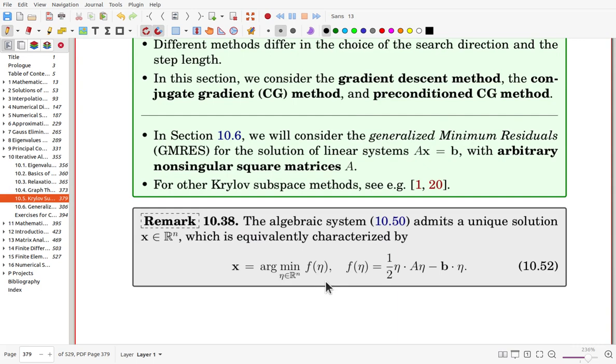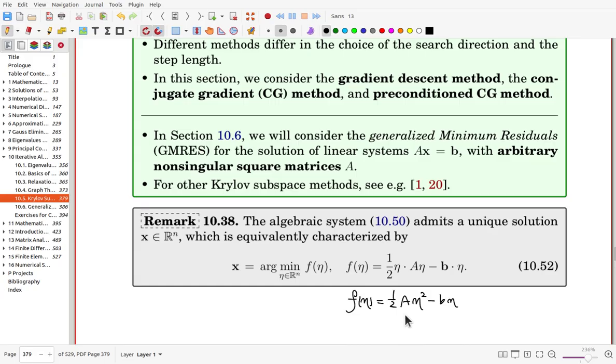Since A is positive definite, it's quadratic. Assume it's one-dimensional, n equal 1, then it's of the form one half A eta squared minus b eta, and that is f of eta.